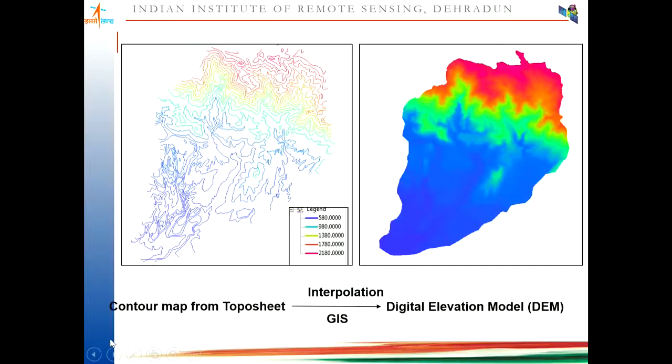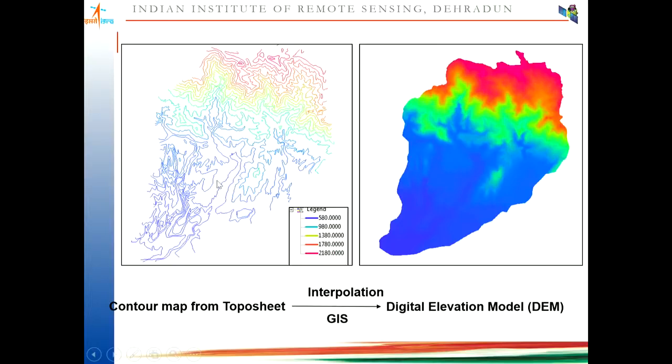Here I have shown the contour map, which is generated using topo sheets. This is the lowest elevation, 580 meters, and as we go up, it becomes higher elevation, up to 2180 meters. But here you are getting contour lines, and between two contour lines, we do not know what the elevation or height of the land is.